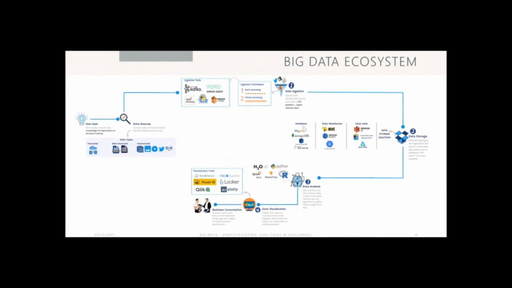It could be batch processing, it could be through streaming, live feeds. And then you have data engineers who build data pipelines to ingest the relevant data from the sources into your data storage. And you could have different data storages, which are segmented and stored in data lakes, data warehouses, or databases with search and query capabilities.